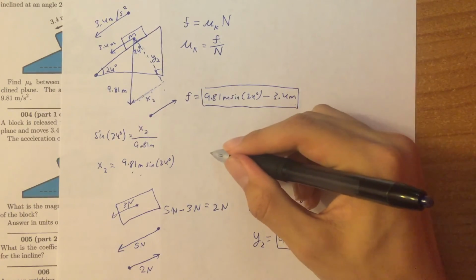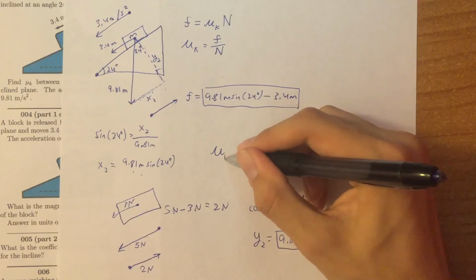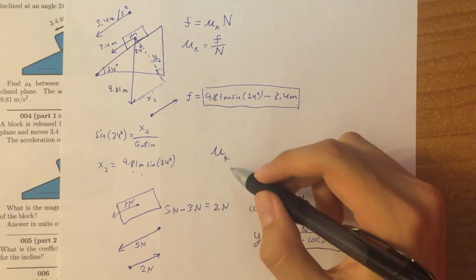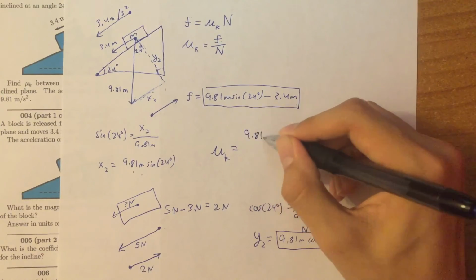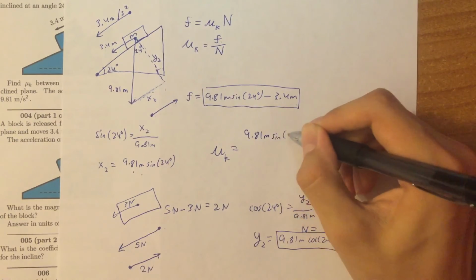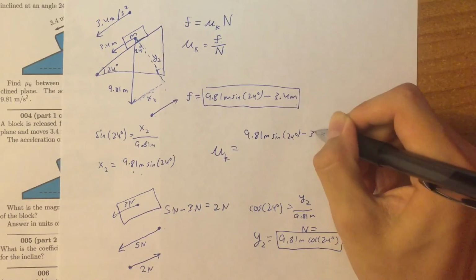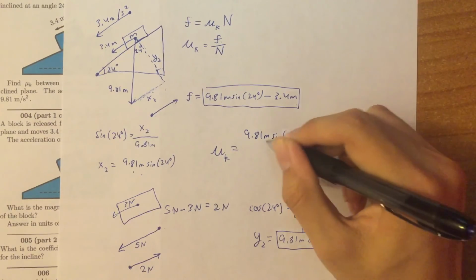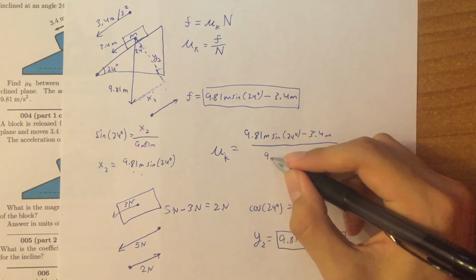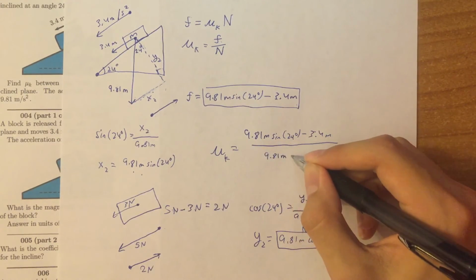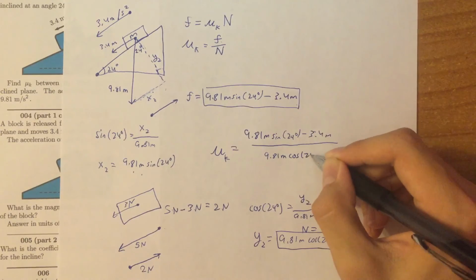So we can see that our coefficient of kinetic friction is equal to 9.81 times mass times sine of 24 degrees minus 3.4 times the mass, which is the frictional force, divided by the normal force, which is 9.81 times mass times cosine of 24 degrees.